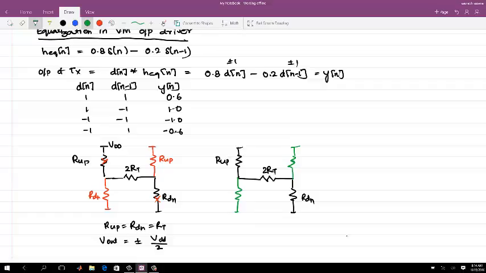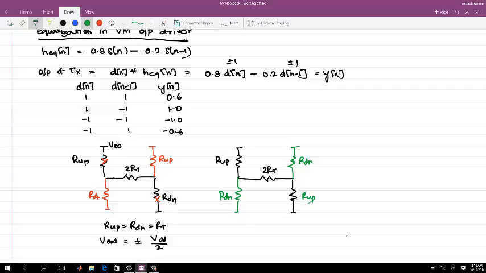Let me just write it in a different manner. I have this R up and R down, just having different terms. There's a differential negative side, so you have this, right? By using this, you can have a different output swing. Now the only thing is you have to do this depending on the data pattern. So these resistors should be switched depending on the control bits.